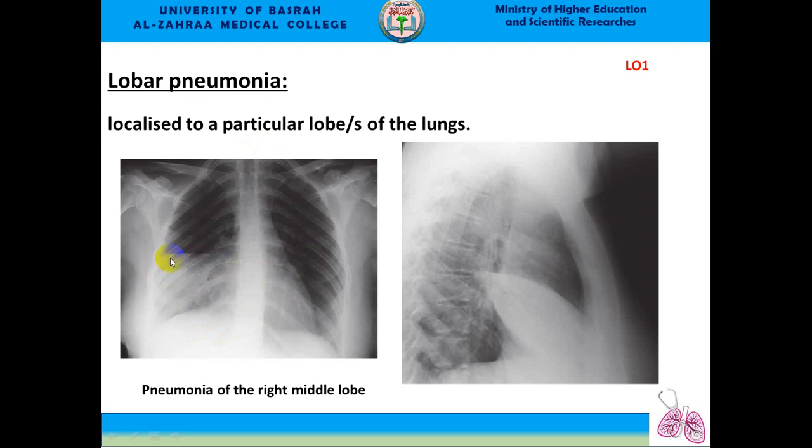You can see here opacity, which is typical of consolidation or pneumonia, localized to the right middle lobe of the lung. And on the lateral view chest X-ray, this is how the right lobar pneumonia looks like. So right middle lobe pneumonia.